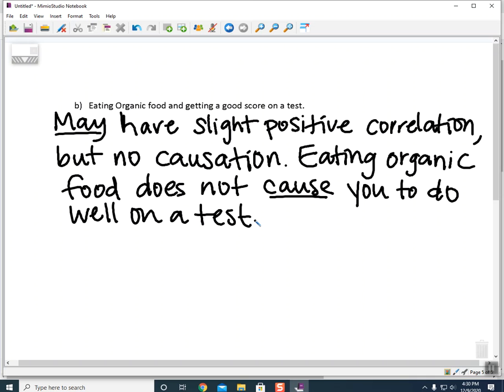Okay, if we were talking about something like hours studying, that would probably have some causation, right? You spend however many hours studying, you do better on a test. That has some causation because one causes the other. But just eating organic food and getting a good score on a test, that is not an example of causation. One of those things does not cause the other one.